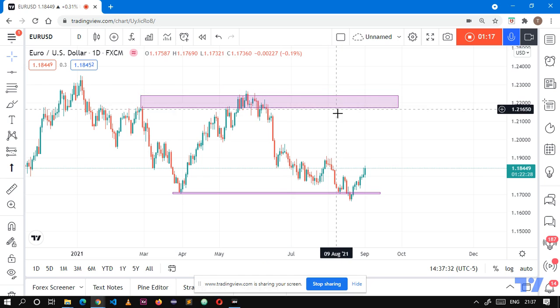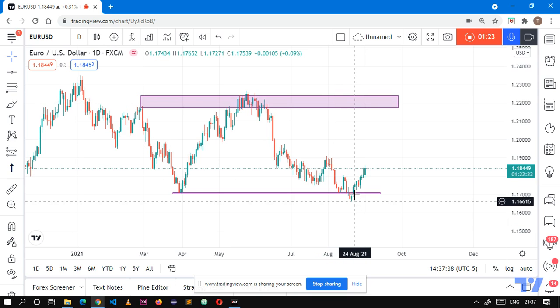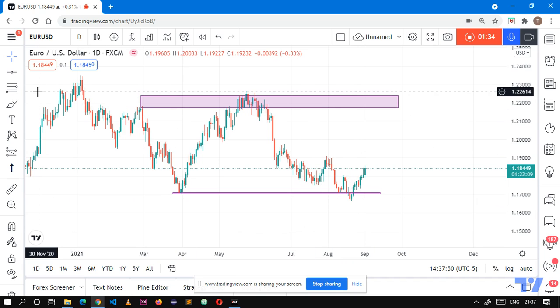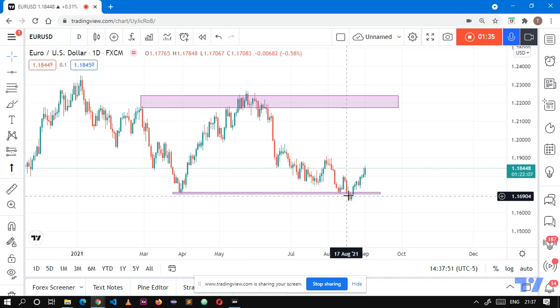Price tends to resist within this price range, and also the same here. But we have had two candles form and complete outside. So this is a bit more uncertain and inaccurate, so I'm not going to be trusting this level as a support.